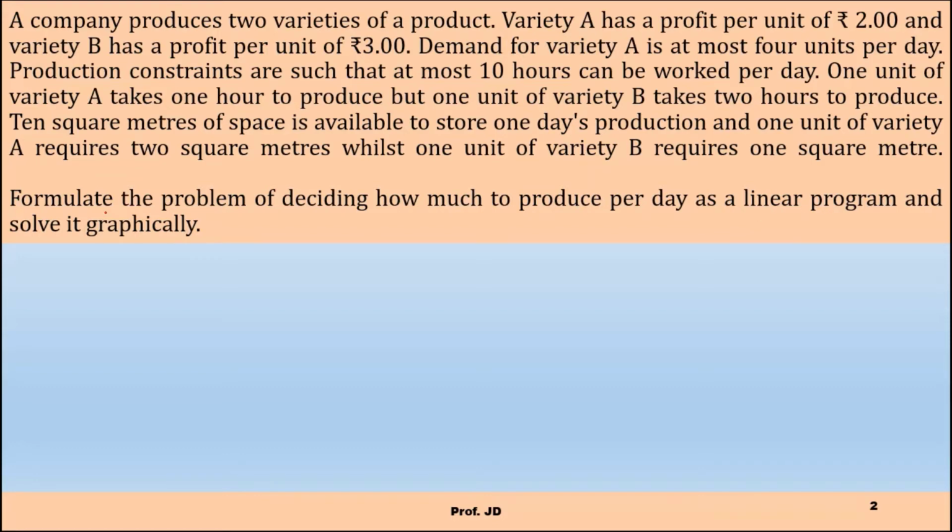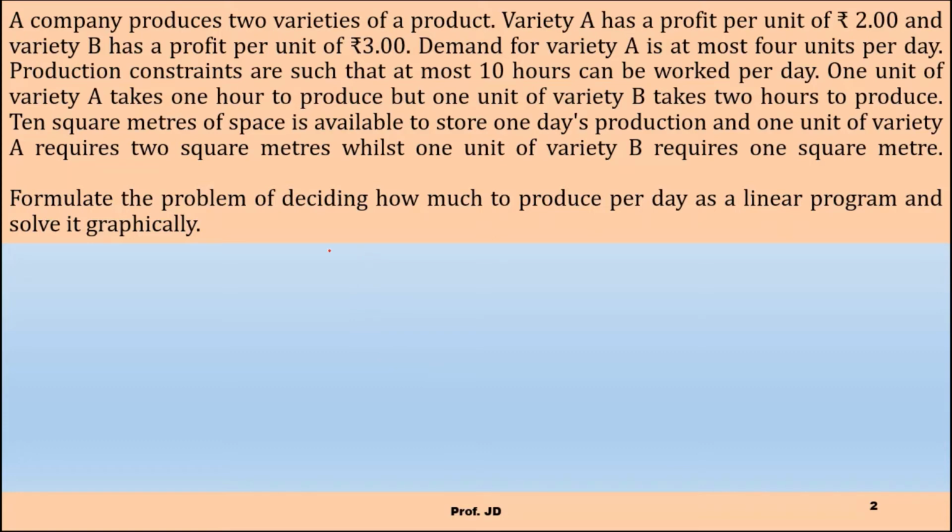So LPP is given. So first task is to formulate the problem. So as discussed in our previous video, to formulate the problem of such a descriptive type data, try to convert it into tabular form. So first task is to decide the decision variable. So what to produce?